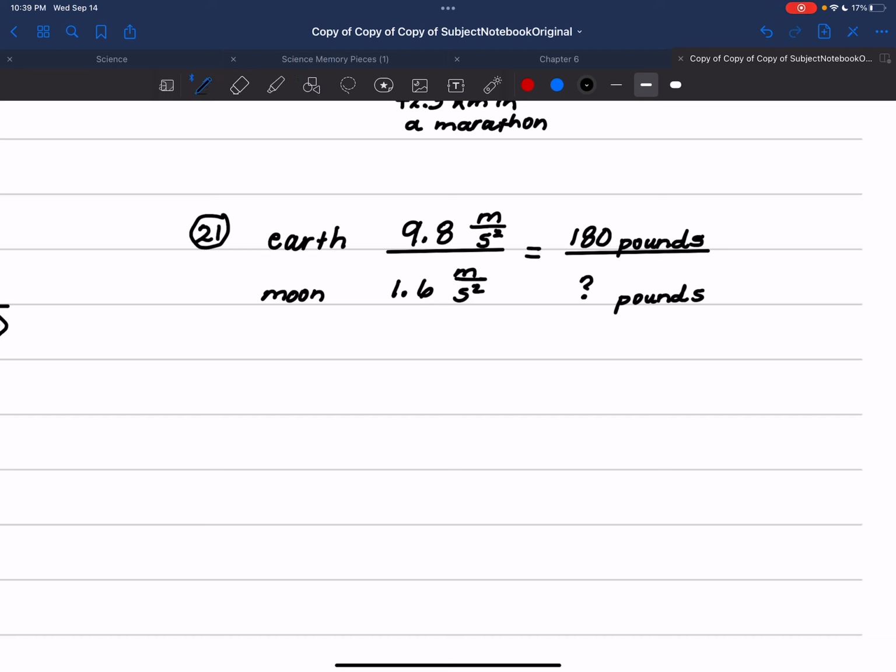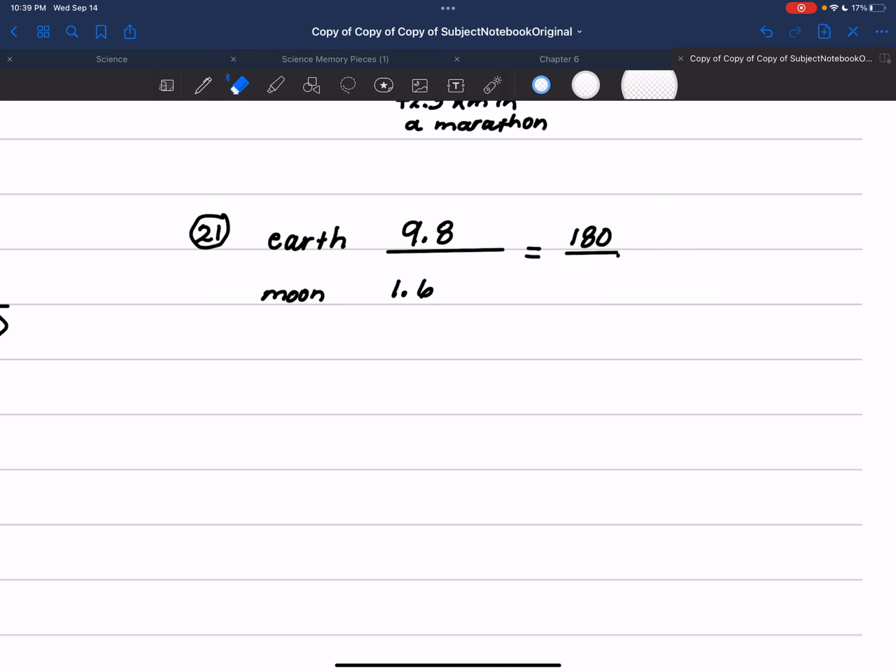Sure does. Because it doesn't matter what this is. It's the same top and bottom. So as long as it's the same unit, we're just going to let it go away. Pounds is the same unit, so we're just going to let it go away.